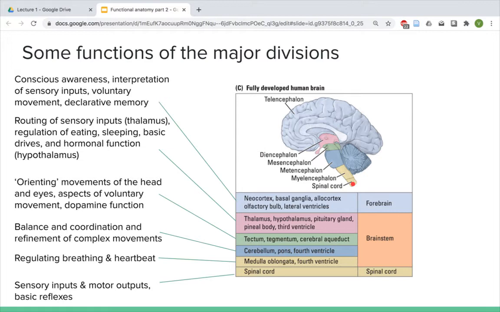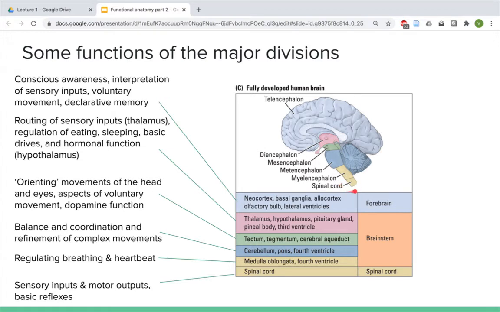Now, look, I know this is a lot of very general information. If you want some more specifics, you can definitely go read the textbook. The one general governing principle that you can take away from this is that as we go from spinal cord to myencephalon to metencephalon and on up, we get gradually more complex neural functions, right?